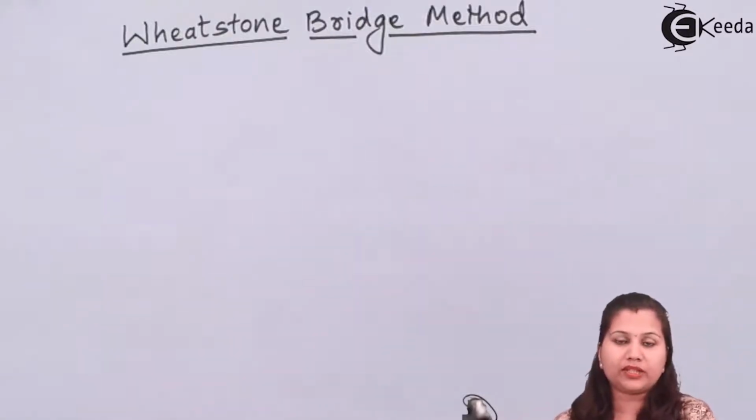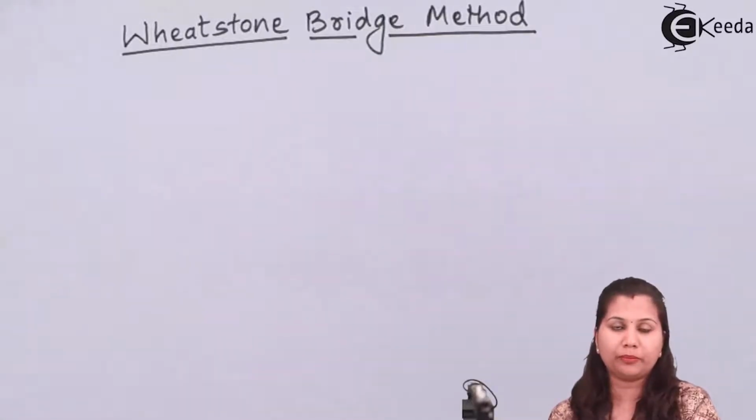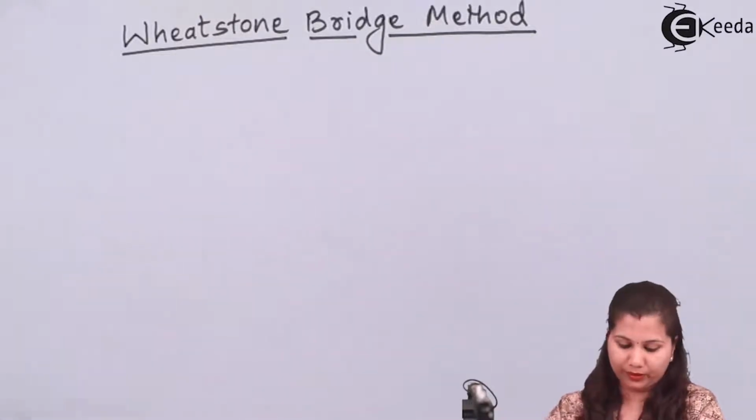This Wheatstone Bridge consists of 4 arms, and in the 4 arms we have 4 resistances, termed as P, Q, R and S. P and Q are known resistances, and R is the unknown resistance whose value we want to find out with the help of the Wheatstone Bridge, and S is the variable standard resistance. So let us first see the circuit of this Wheatstone Bridge network.